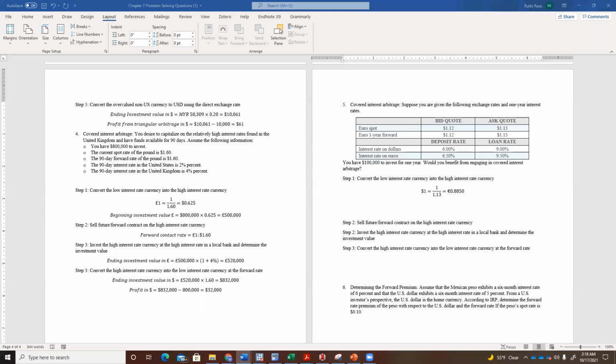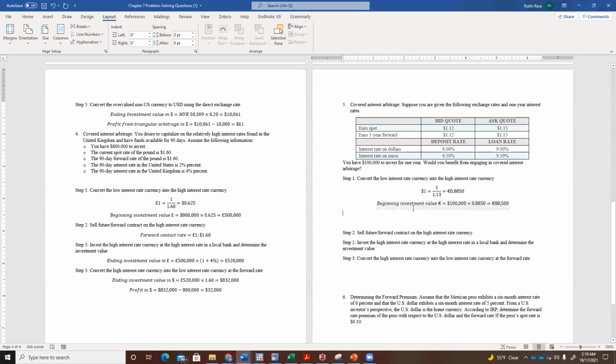Now, let us see the value of our beginning investment. Our beginning investment amount according to the problem is $100,000. So each dollar is equivalent to 0.8850 euro. Then the beginning investment value in euro at this exchange rate is 88,500 euro.